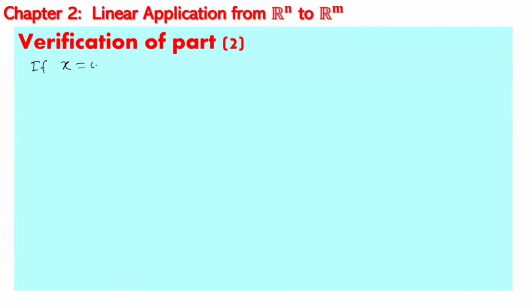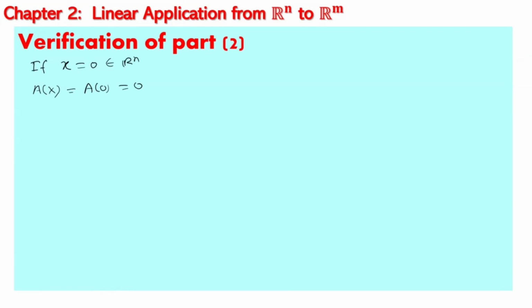If x is equal to 0 in Rn, then Ax is equal to A0, which is equal to 0, because linear functions take 0 to 0.